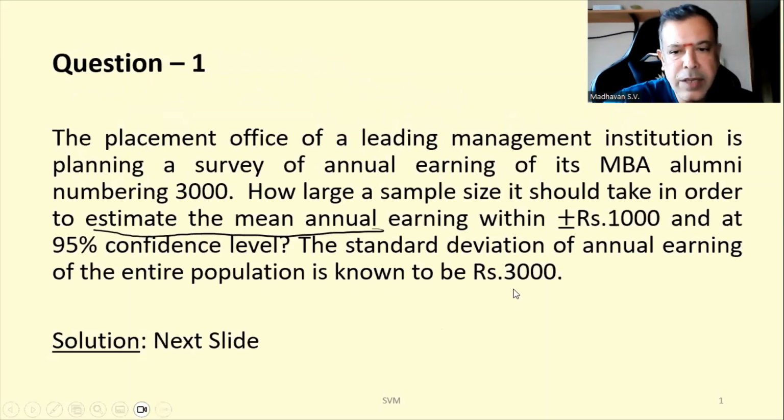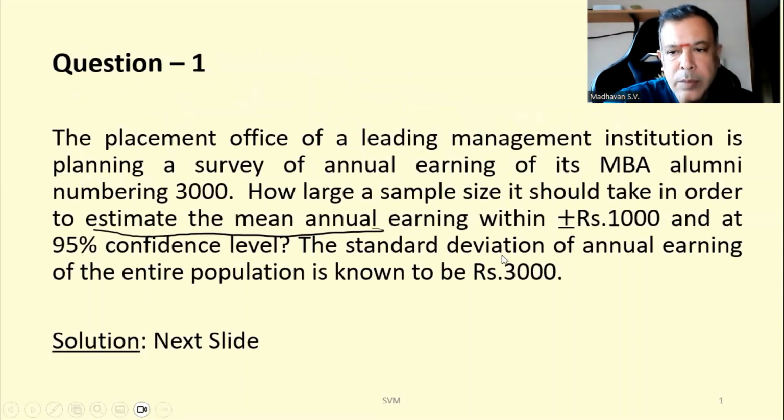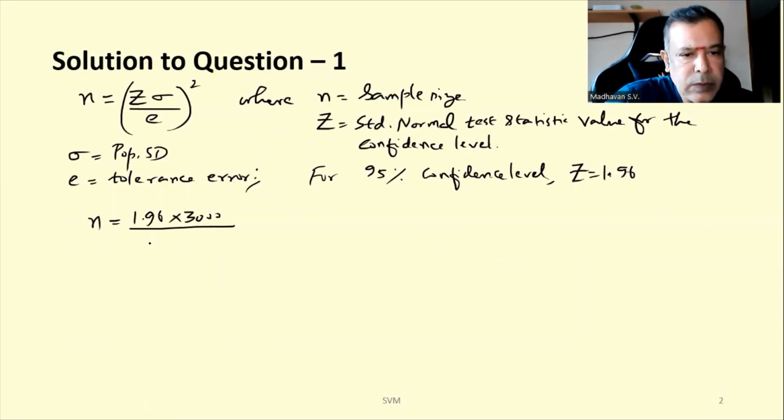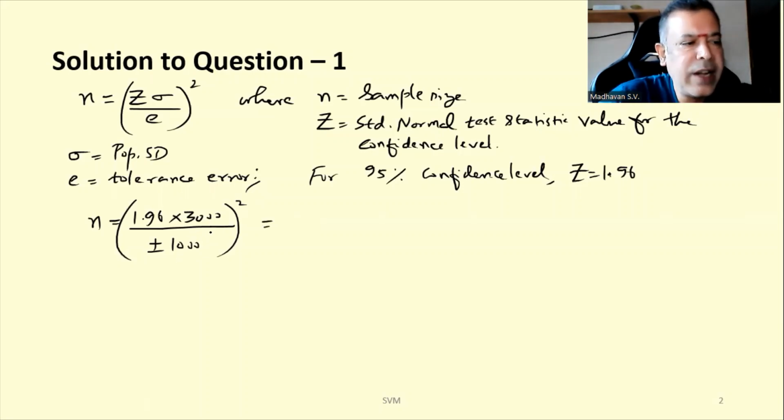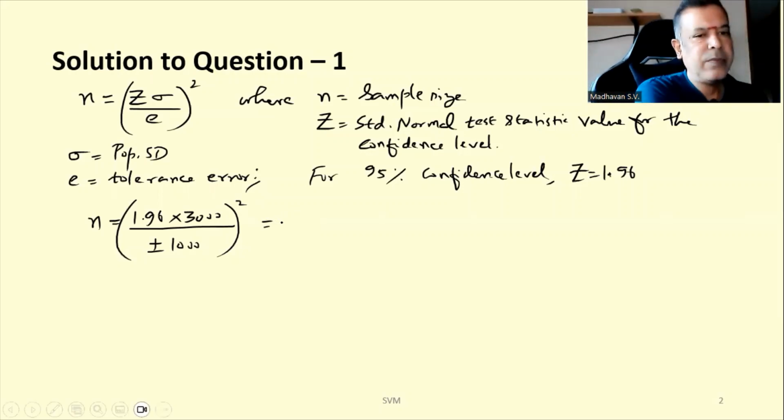Population standard deviation is given in this question as 3,000, divided by error tolerance, given as plus or minus 1,000. When I square plus or minus, whether it is minus or plus, it will become positive only. So we can simply consider it as 1,000, which means straight away it is 1.96 multiplied by 3.